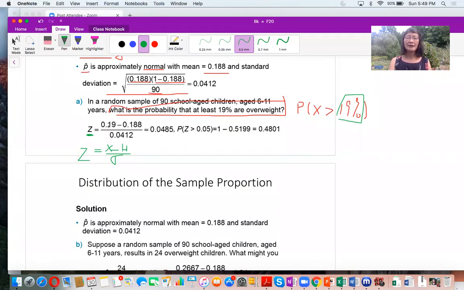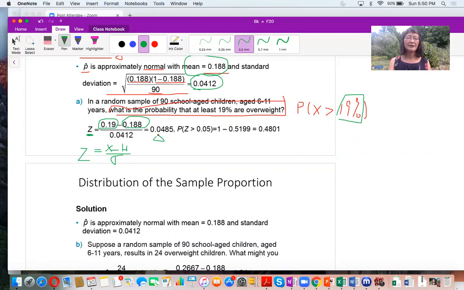X is 19% or 0.19, mu is 0.188, this is mu. And sigma is 0.0412, this is sigma. And you calculate the Z value.